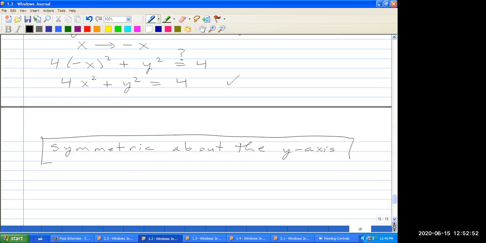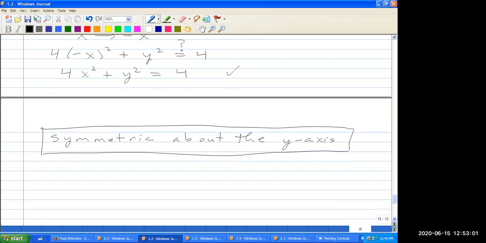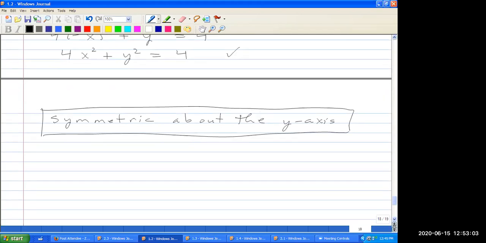Lastly, let's see if it's symmetric about the origin. And well, since it was symmetric about both of them, it's going to be symmetric about the origin. And so let's check. So is it symmetric about the origin? So in this case, I'm going to replace x, y by negative x, negative y.